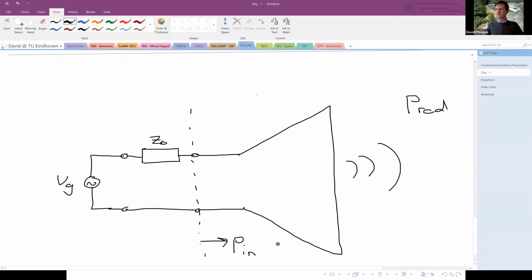What do you think is the difference between the two? How are the radiated power and the input power connected to one another? Or let's say, what would influence the accepted power to cause it to be different to the radiated power? Anyone want to take a guess and type it in the chat?